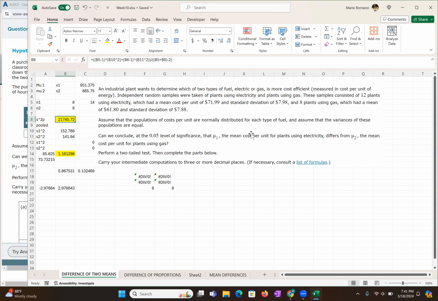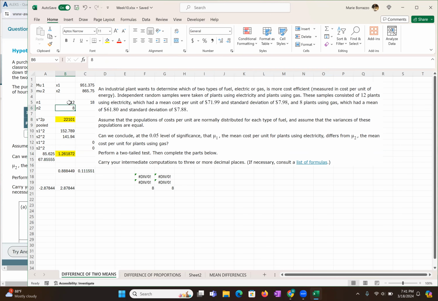The second or the typical question you're going to have is going to look like this. So let's do this one. An industrial plant wants to determine which two types of fuel, electric or gas, are more cost effective. And they give you the values. These samples consist of 12 using electricity. So let's say these 12 are electricity.